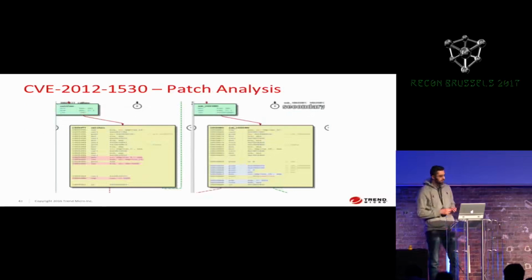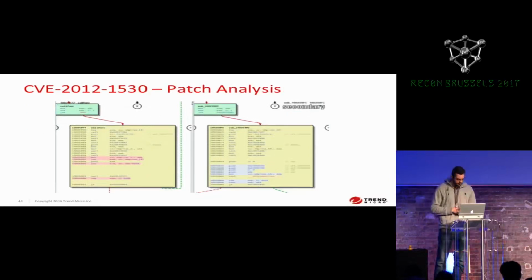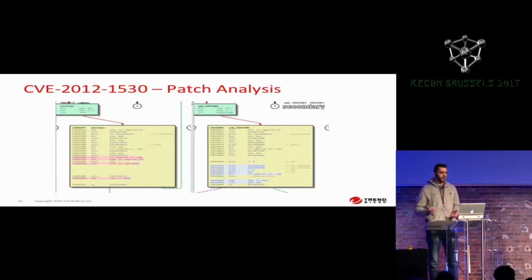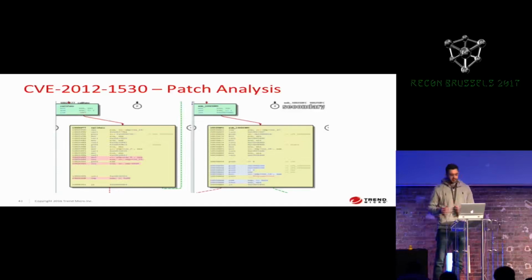It's the same case that happened with the previous one. Nicholas submitted a POC in 2016 that triggered this bug again. And again, we went back with the old DLLs and started diffing to see what happened back in 2012. Basically, they just made sure that a certain type of node is being cast right, but you can re-trigger the bug by giving it other types of nodes, and that's exactly what Nicholas did.